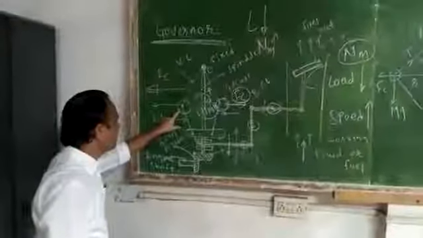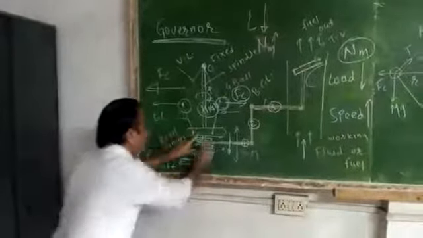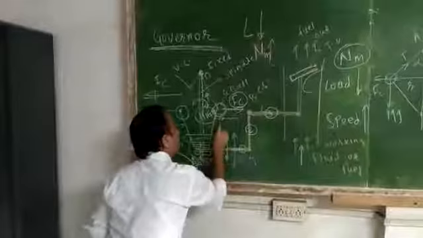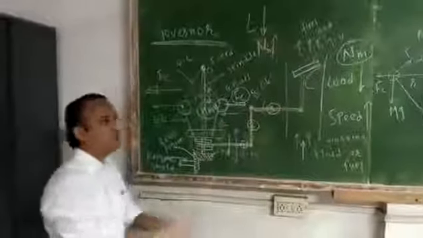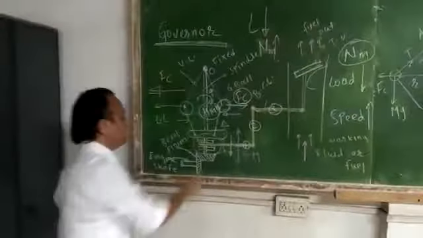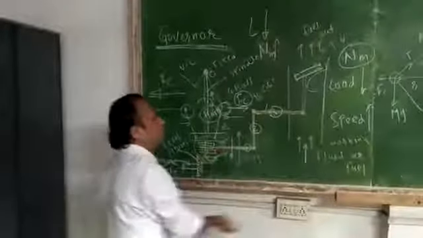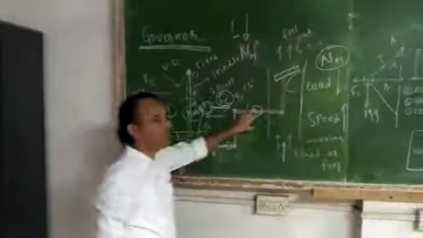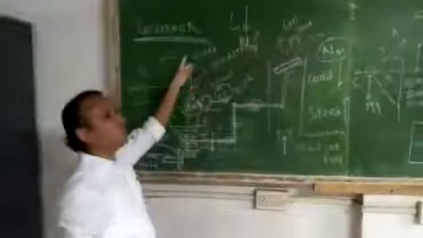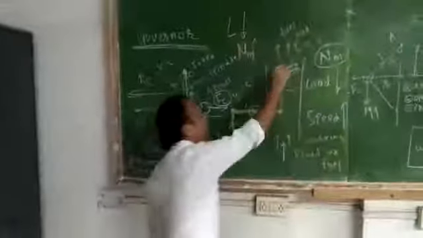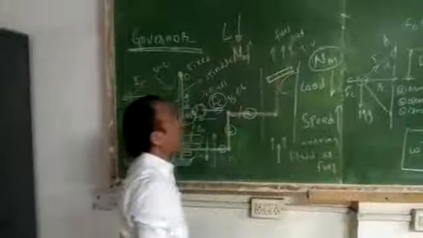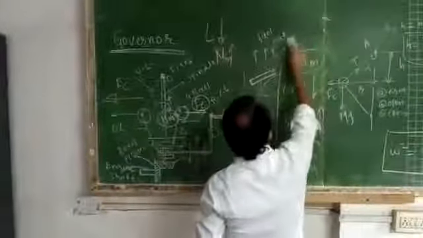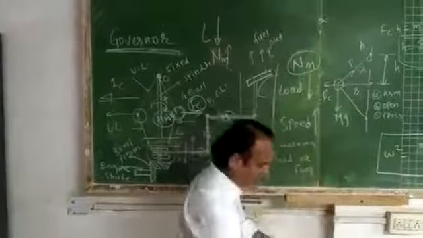Due to this outward movement, the sleeve will move in an upward direction. This upward movement of sleeve will be conveyed to the throttle valve via bell crank lever. So what will happen? This throttle valve gradually closes.